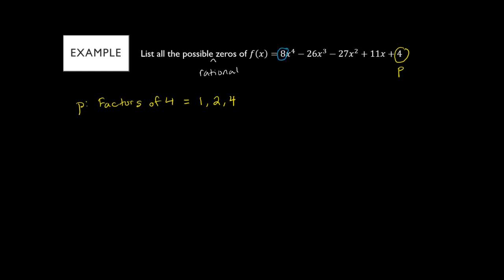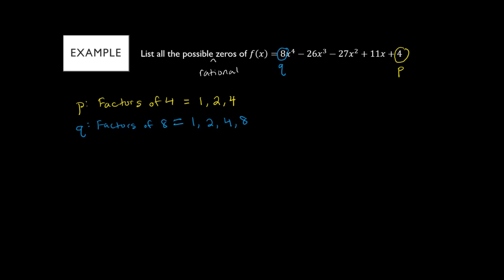The leading coefficient here is 8, and that is what we call Q, the numbers that divide evenly into 8. So factors of 8, all the numbers that divide into 8 are 1, 2, 4, and 8. So these are the list of all the possible Q's, and then the list of all the possible P's.